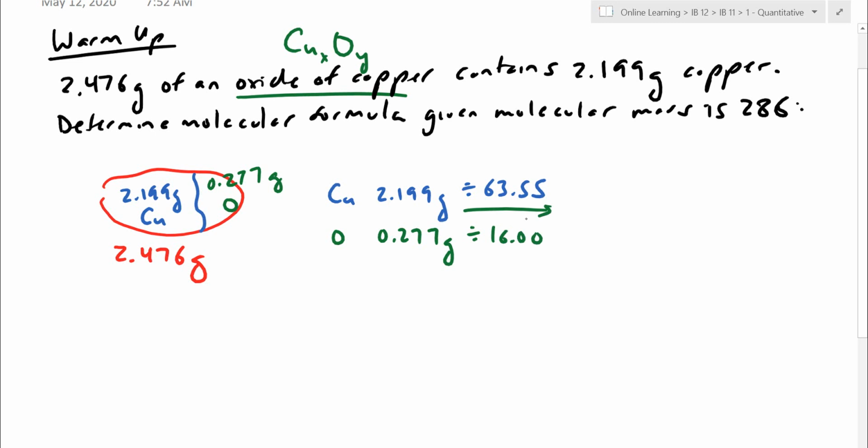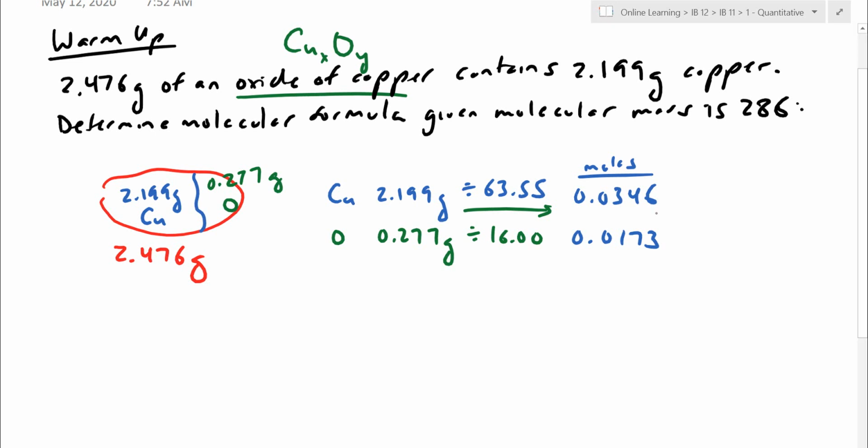I'm dividing out their own molar mass to convert to moles, and that way I have a number that I can actually compare between the two. We can be a little sloppy with sig figs here because eventually it's going to round to 1 sig fig anyways, and definitely I don't want to accumulate any rounding errors. So this is 0.0173. If you're keeping track of your units here, that's actually moles. So technically I could say Cu 0.03 to oxygen 0.01.